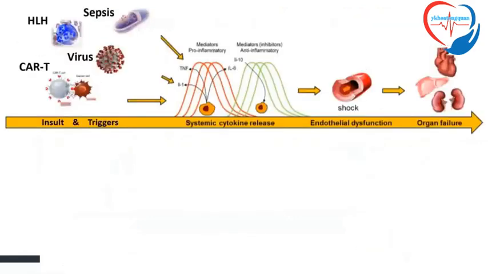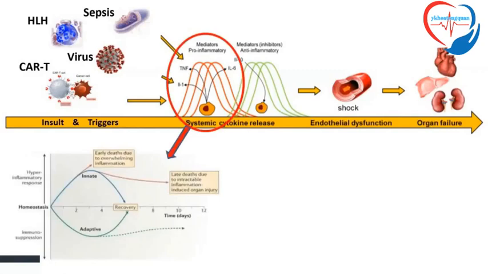The concept is that sepsis, hemophagocytic lymphohistiocytosis, viruses, and CAR T cell therapy can activate a series of immunological responses that start with innate immunity leading to hyperinflammation. And some patients die with intractable hyperinflammation.